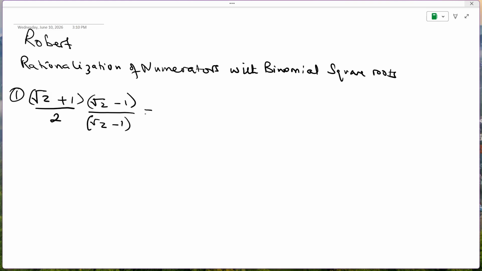Then we can move on to multiply out distributively our numerator part. So we'll start with root 2 multiplied by root 2, which will give us 2. And then root 2 multiplied by negative 1 will give us negative root 2.